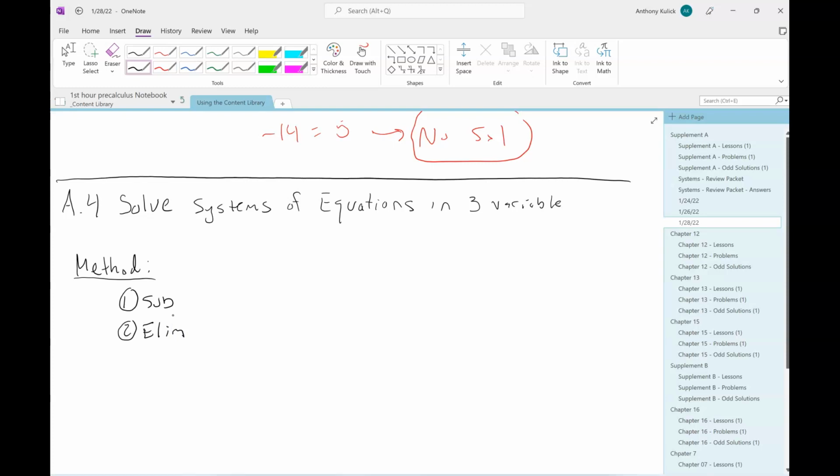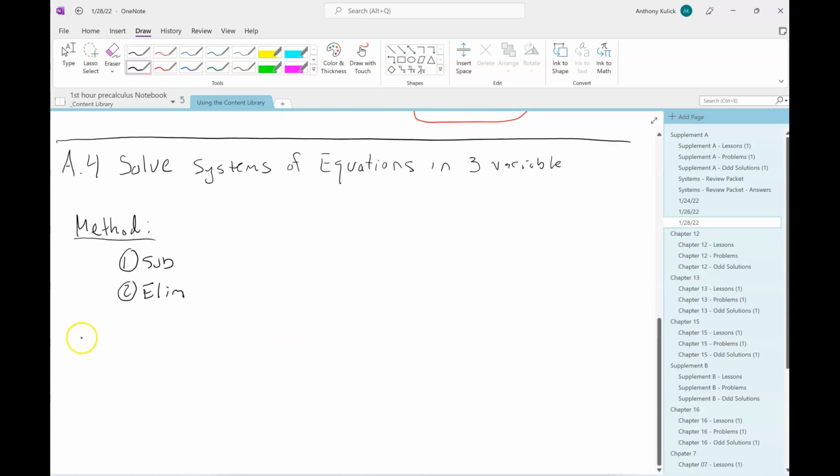They're basically still the same ideas that we worked with in the 2-variable system, but the process is a little bit lengthier. So let's just run through some examples.